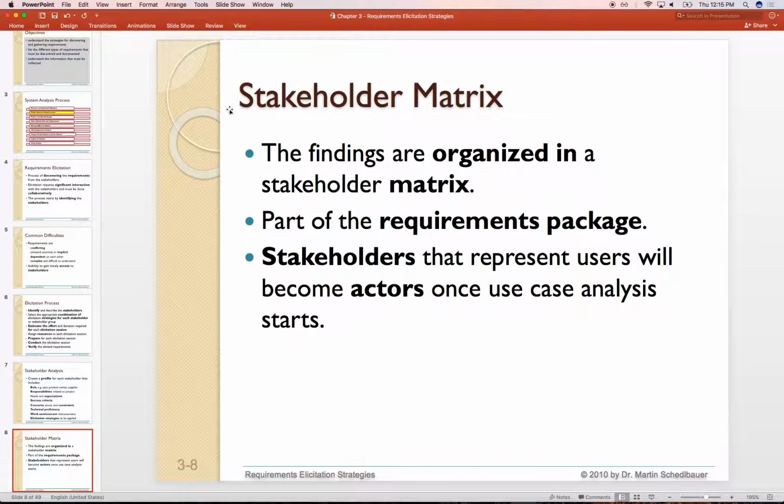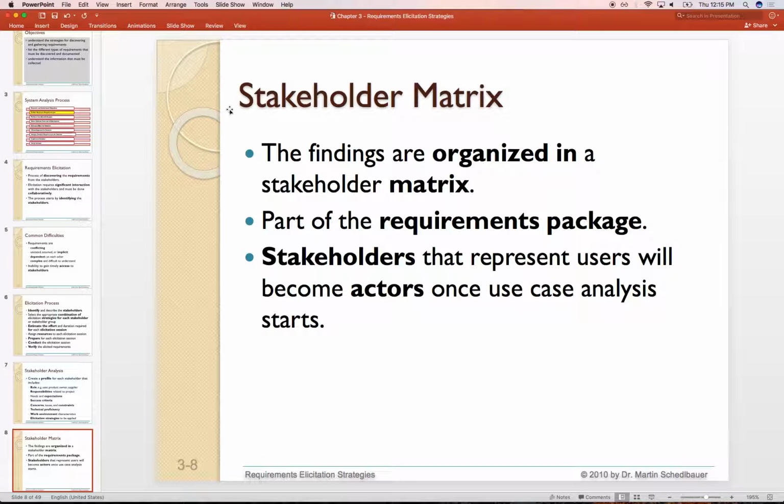So you create a matrix, right? So you know exactly who's responsible for what. If anybody has questions about a particular type of thing of the project, we know who to go and ask, and who is going to be depending on their responsibilities.